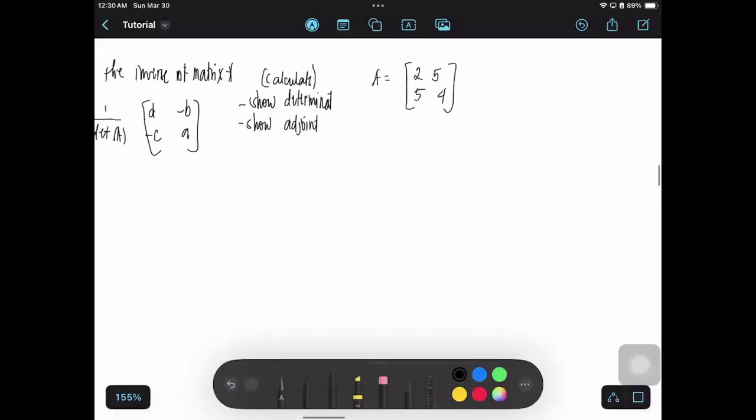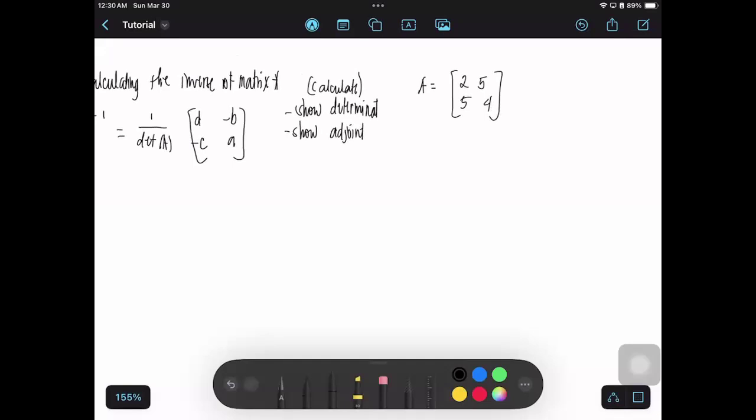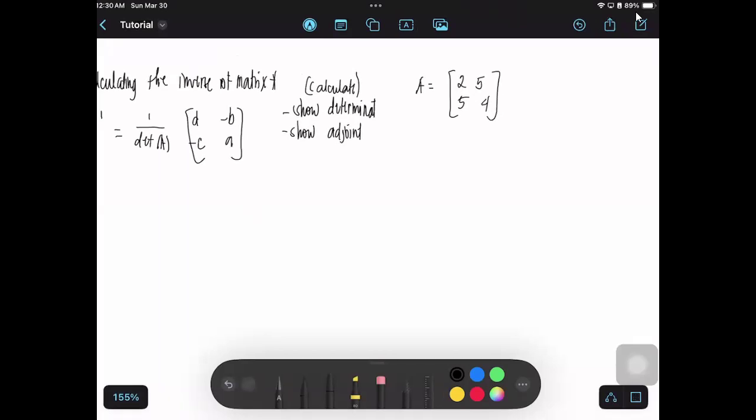So let me go ahead and give you this example right now. Be mindful that in your invertible matrix class, this means that the transpose of the inverse of a matrix is really equal to the inverse of the transpose of that matrix.